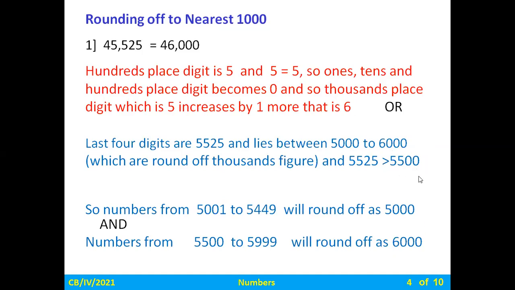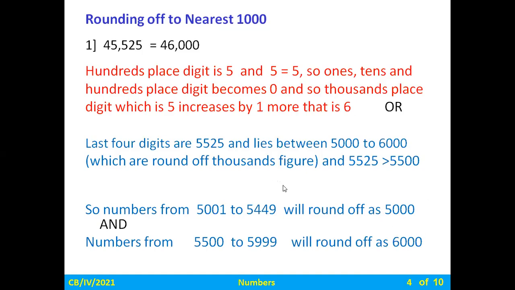As it is greater than the middle number of our range, it got rounded off as 6,000, because numbers from 5,500 to 5,999 will get rounded off to 6,000, whereas numbers from 5,001 to 5,449 will get rounded off as 5,000.